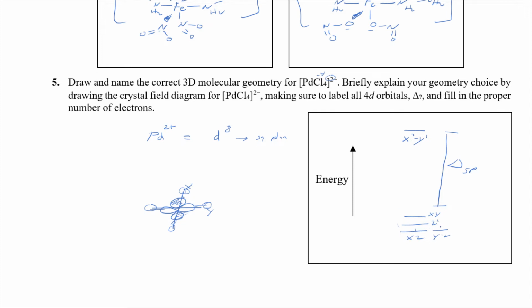I can go 1, 2, 3, 4, 5, 6, 7, 8, and they occupy this lower energy cluster of orbitals, which is fine. But the moment you go D9 or D10, you're going to have to jump that. And if you jump that, you're going to have to rearrange and become a tetrahedron. And so here, you've got your D8, and that's fine, square planar all day long.